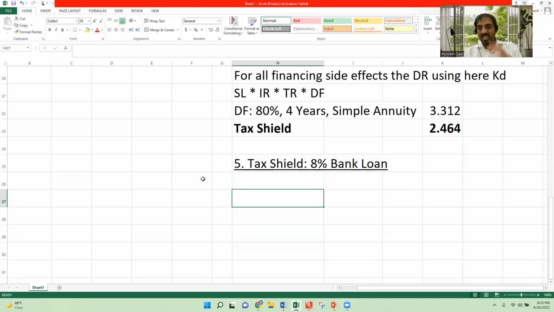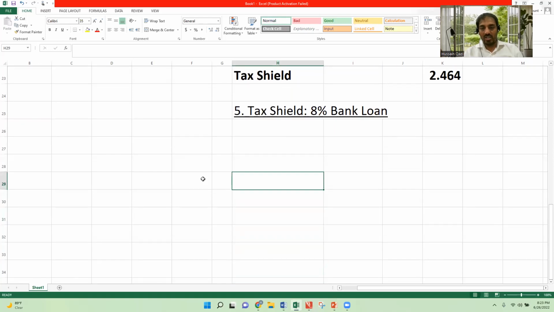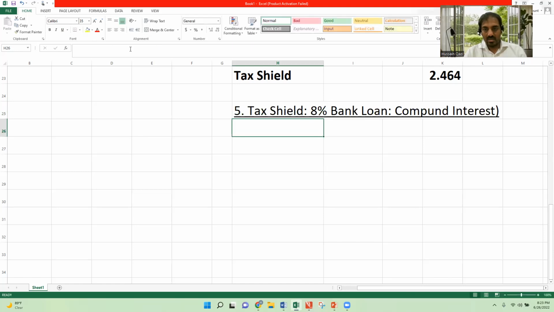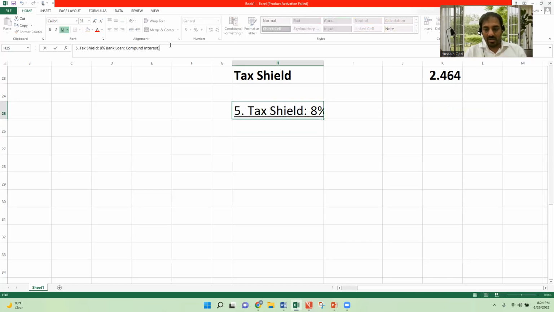So this is about the 3-step solution. Because here 8% bank loan with equal installments means with compound interest.